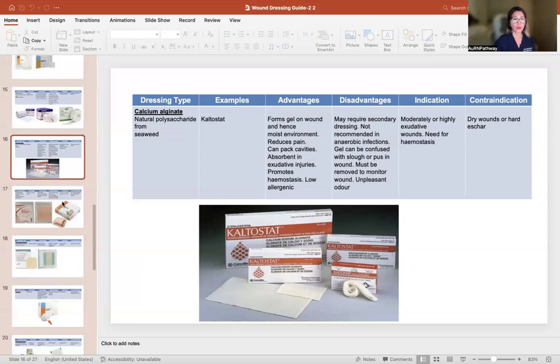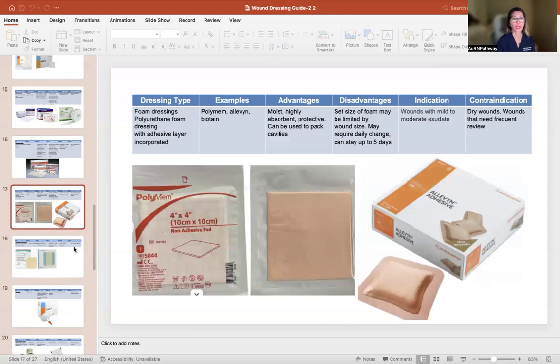So that's your Kaltostat, usually antimicrobial. And also we have the foam dressing. Again, these are used especially if the patient has comorbidities, right? There's usually a delay in wound healing, hence there's going to be much more exudate than usual, and this is very good for that.